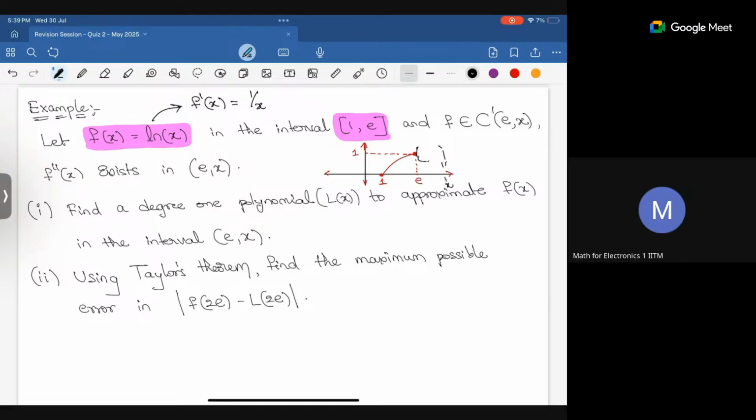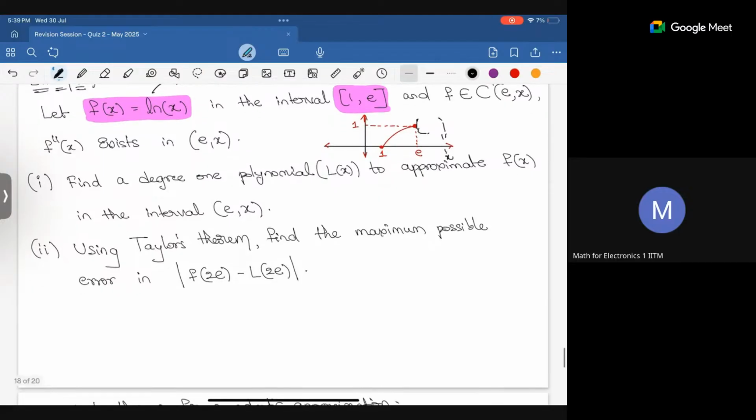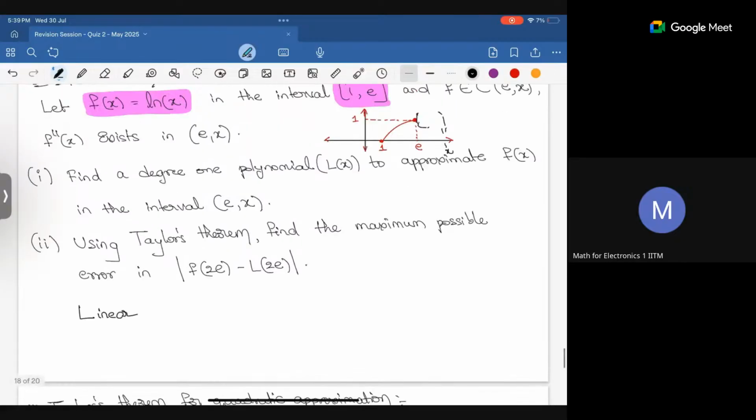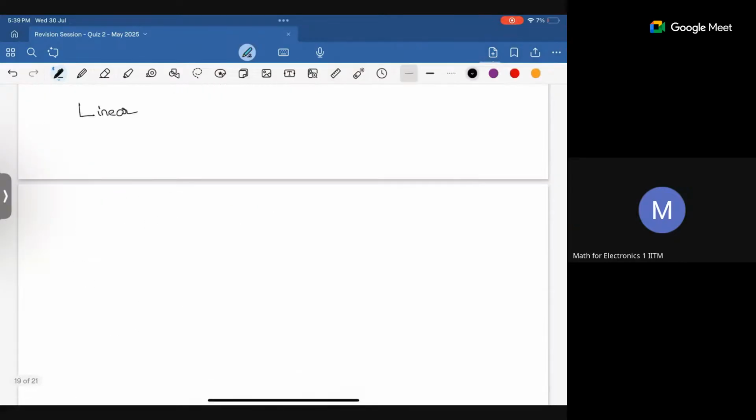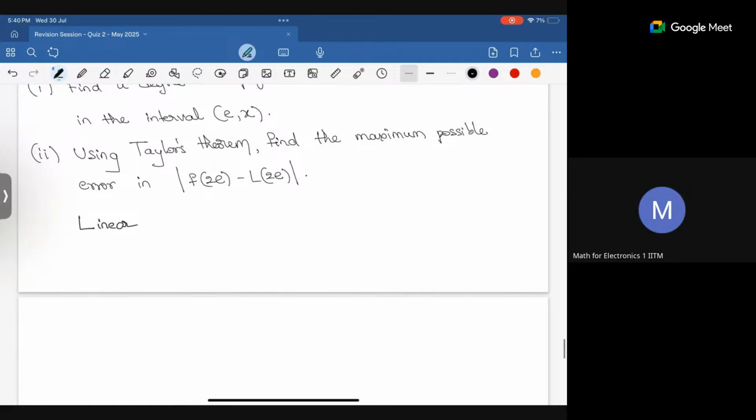For that, they asked us to give a linear approximation. So what we will do is find the linear approximation around x equals e.